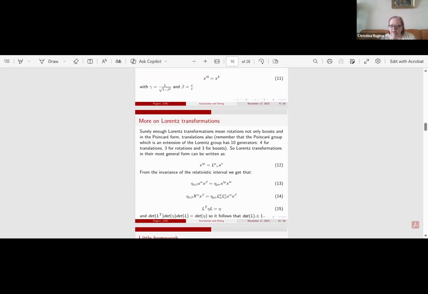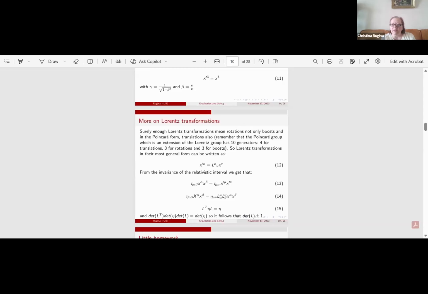More on Lorentz transformations. In the general case, they're matrices L mu nu, so x prime is L mu nu times x nu. That's in the first system of reference, and that's in the second system of reference, the x's. And the relativistic interval obeys this relation. So you go like that and you get this relation on the Lorentz matrix with the Minkowski metric, where T means transposition of matrices.